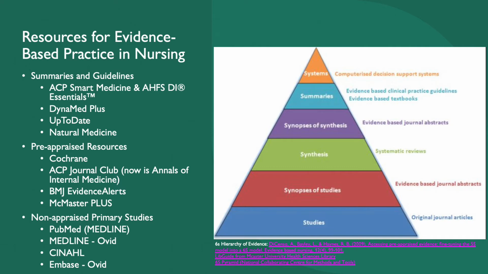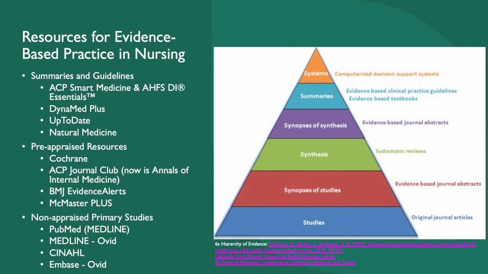But you noticed that there are synopses of evidence-based journal abstracts, and above that, evidence-based clinical practice guidelines, and above that, computerized decision support systems. In other words, this is prioritizing and saying what's most important to you when you're implementing evidence-based practice and how you do it to guide your decision-making in your practice.